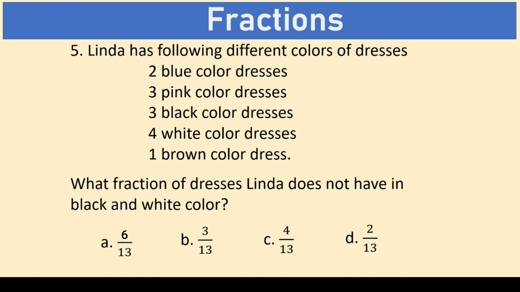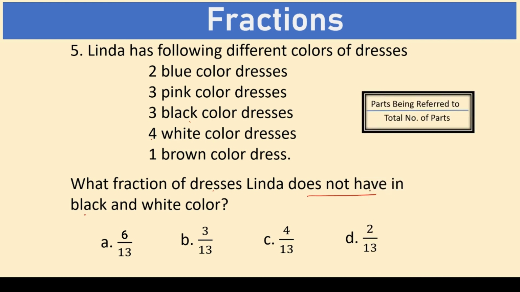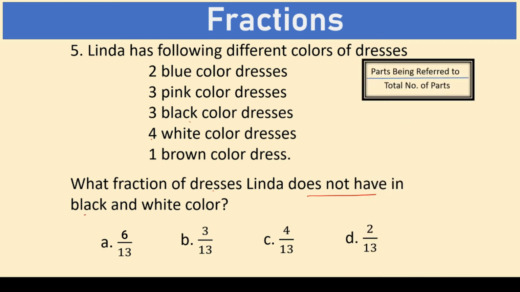Next question. Linda has the following different colors of dresses: 2 blue, 3 pink, 3 black, 4 white and 1 brown color dress. What fraction of dresses does Linda have that are not black and white in color? Now remember our formula. The parts being referred to are the ones which are not black or white in color, which is this and this.